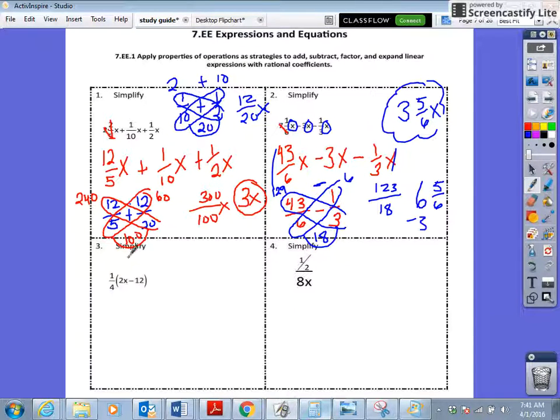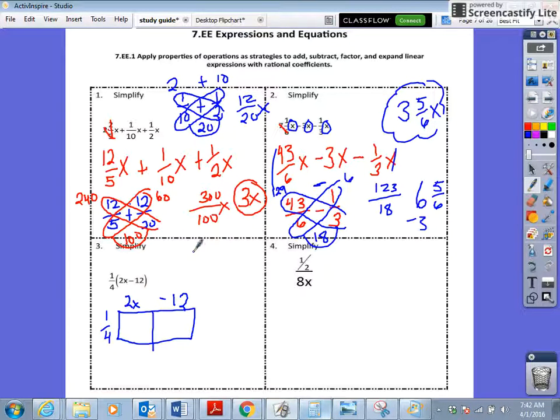I'm going to come over here. Again, it says simplify. We did this in Unit 1, only we were using integers. Now we're using rational numbers. So this is just the distributive property. So remember, I can have 1/4 times 2x, and then over here, instead of saying minus 12, I want to put a negative 12 here, okay? That will help so I don't get confused about that sign. So 1/4 times 2x.